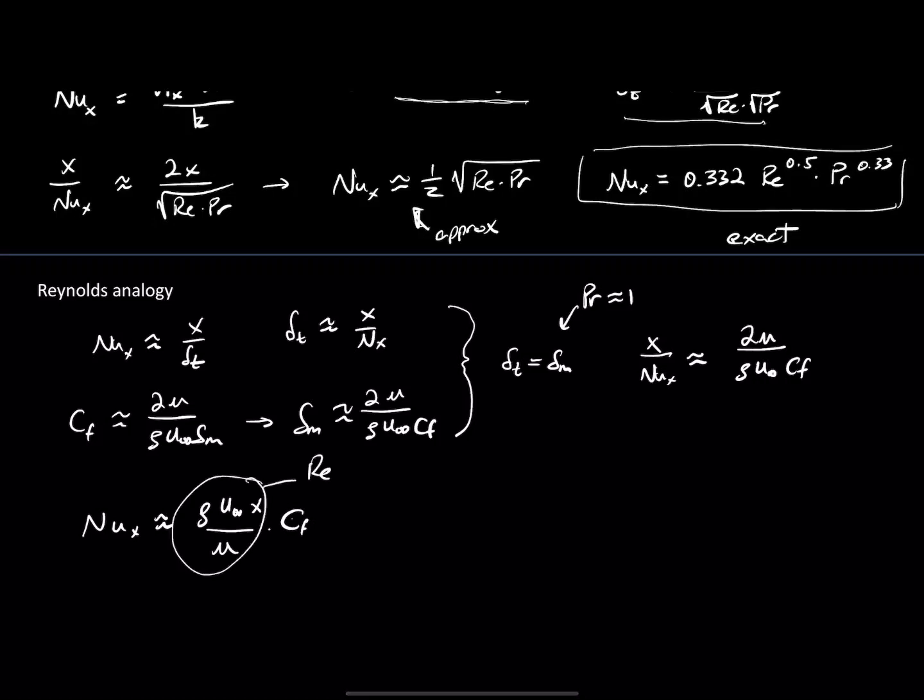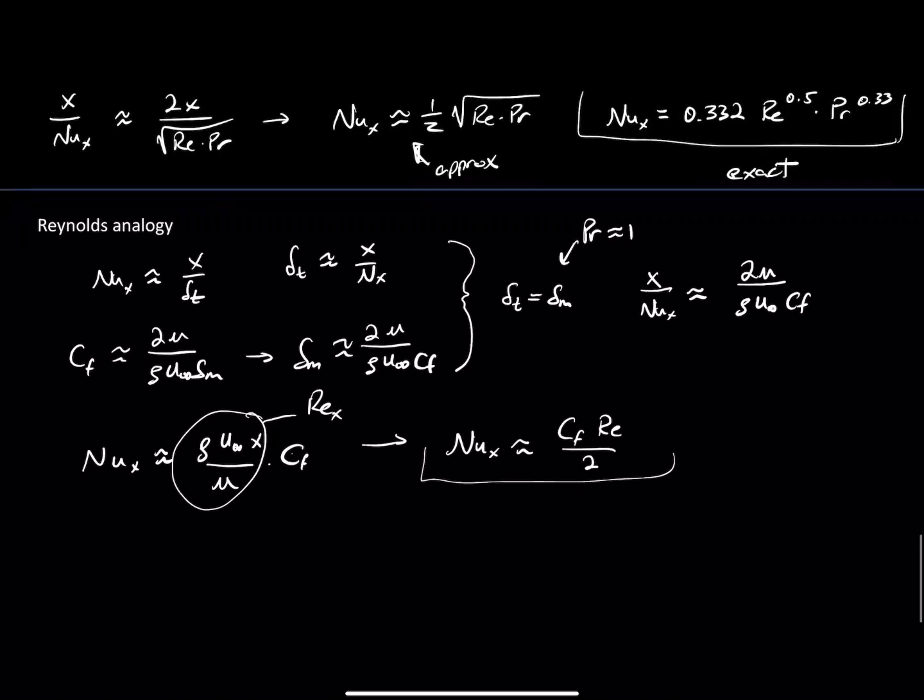This bit here is, again, our Reynolds number. So what we're saying here is actually Nusselt at a position x is approximately the coefficient of friction times the Reynolds number over 2. So this is a way that we could relate something related to the friction, the pressure drop, to something related to the heat transfer.